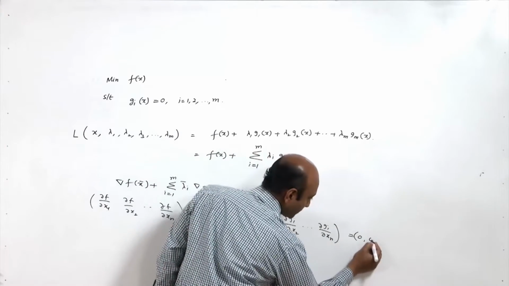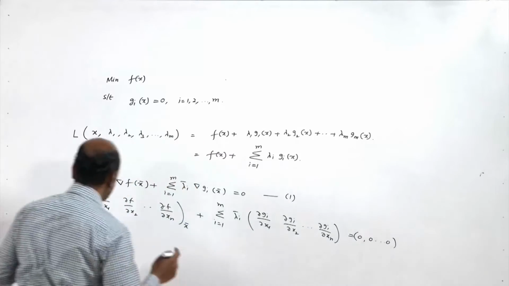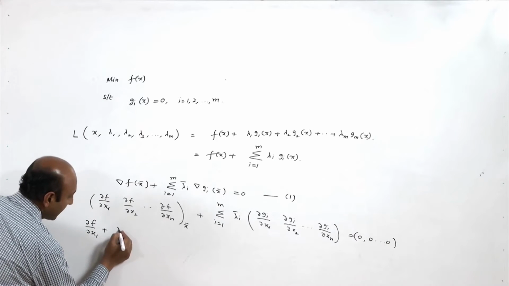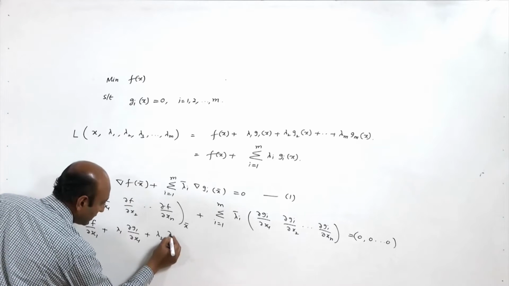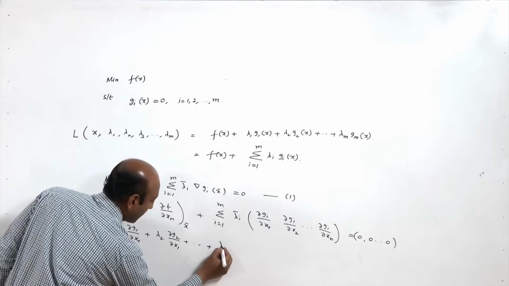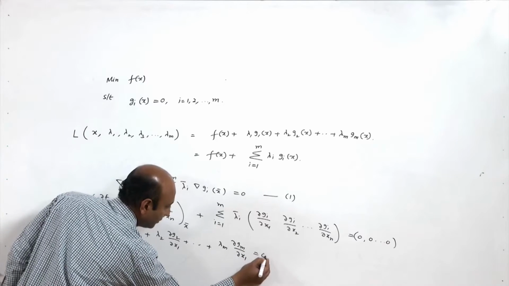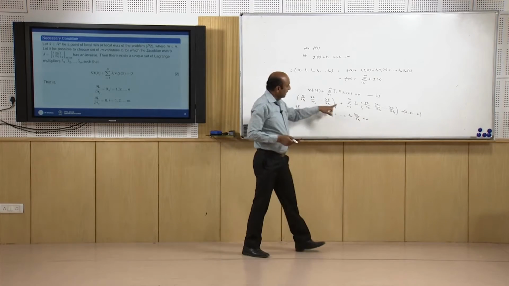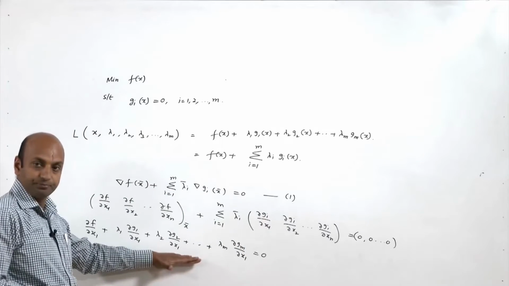All components must be 0. So that means del f upon del x 1 plus lambda 1 del g 1 upon del x 1 plus lambda 2 del g 2 upon del x 1 and so on, lambda m del g m upon del x 1 should be 0. The first condition, because you take the first component and vary i from 1 to m, gives this condition equal to 0.